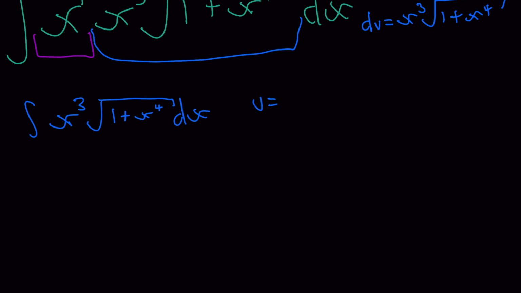So u is, not this, a new u, 1 plus x to the 4th, and then du equals just 4x cubed dx, which implies that dx equals du divided by 4x cubed.